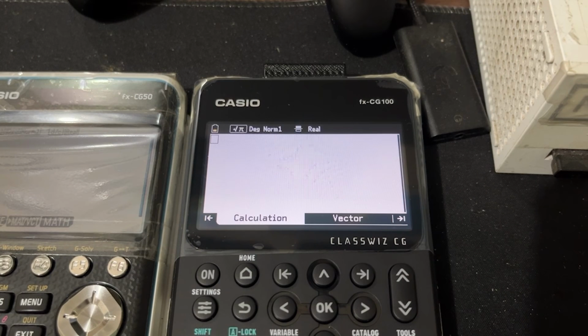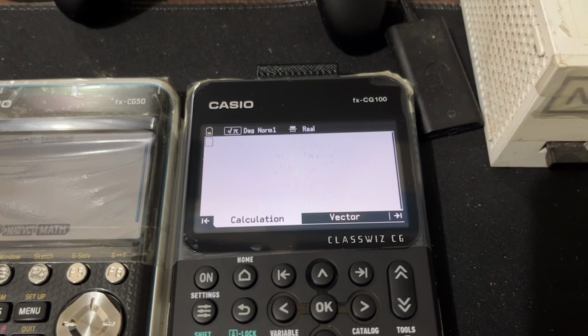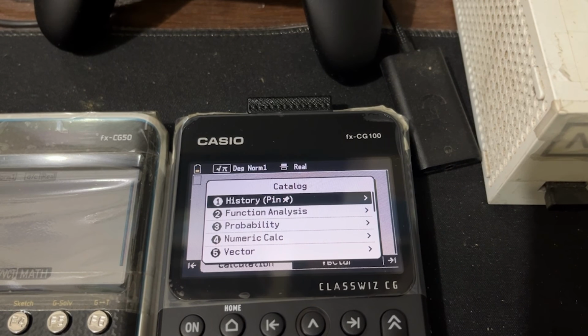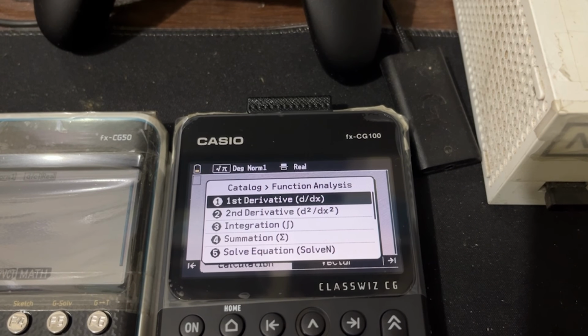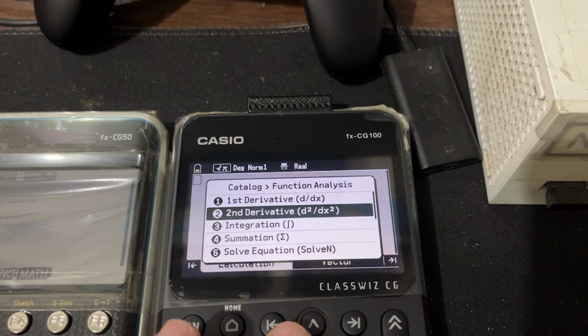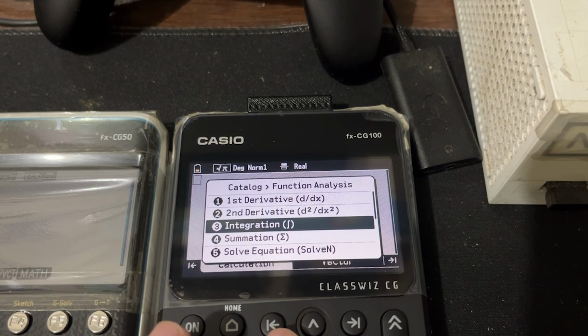So the question is, are there any more symbols? And yes, there are symbols. There's a function analysis: first derivative, second derivative, integrations.